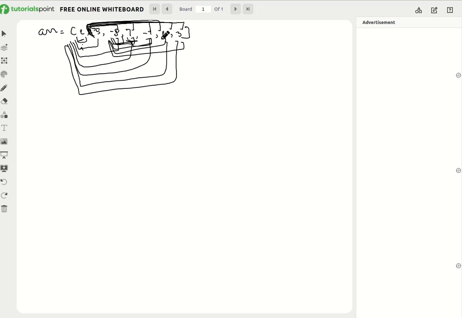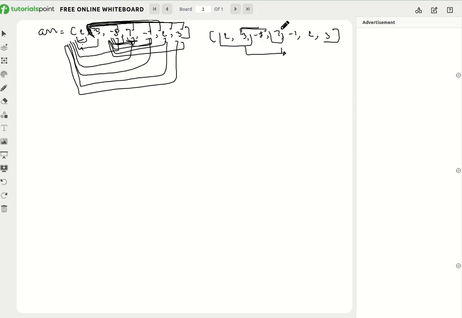So what is not a subarray? Again I'm writing 2 3 minus 8 7 minus 1 2 3. If we take this one and then include this other one, it is not a contiguous subarray. Contiguous means every element of the array is stored just next to the other, like there is no gap.